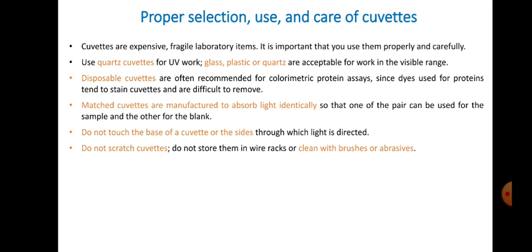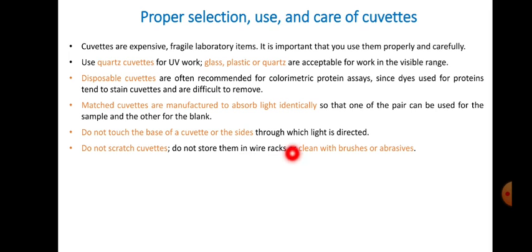Then we should not scratch the cuvettes, because scratches may scatter the radiation and obstruct the radiation path. That's why we should not put scratches on the cuvettes, and we should store them in a proper storage case so that they do not get scratched, right?